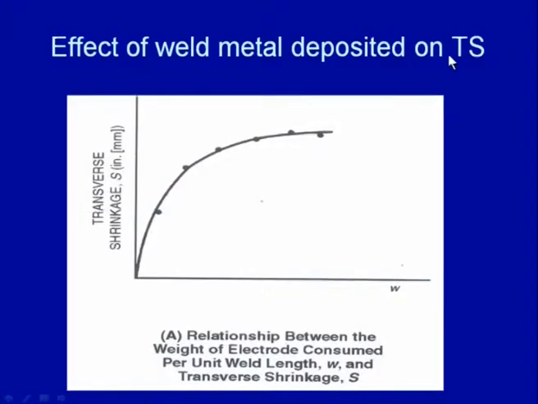That is, the amount by which the plates will be coming closer after the welding will increase with the increase of the weld metal being deposited. If the plates are kept in position with a high degree of restraint, then this will develop higher residual stresses in the weld joint.